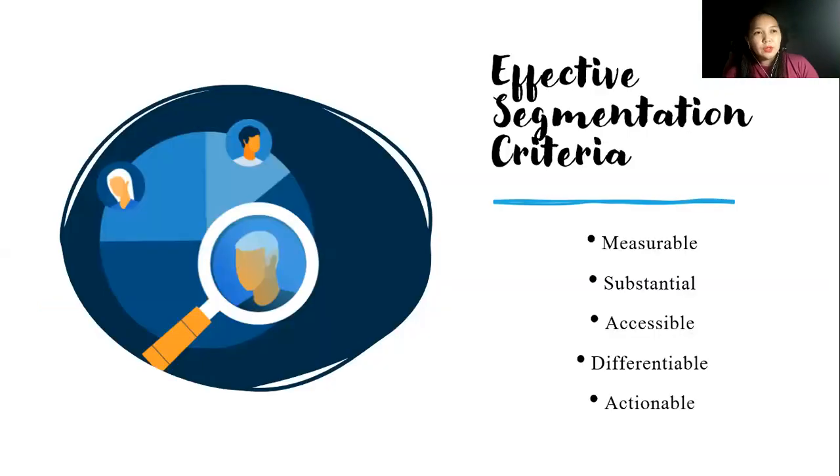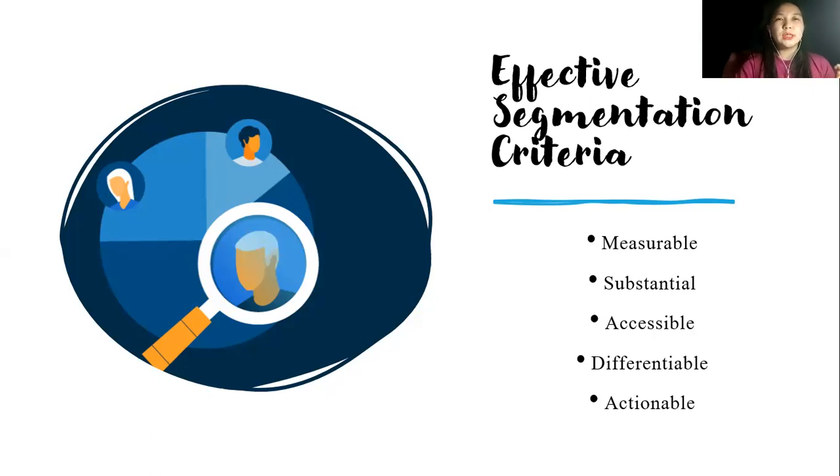Okay. So, we continue with the effective segmentation criteria. So, sabi nila, when you segment your market, it should be number 1, measurable. So, if you want to memorize this, it's MSADA. So, I usually do that to memorize it. So, first is measurable.